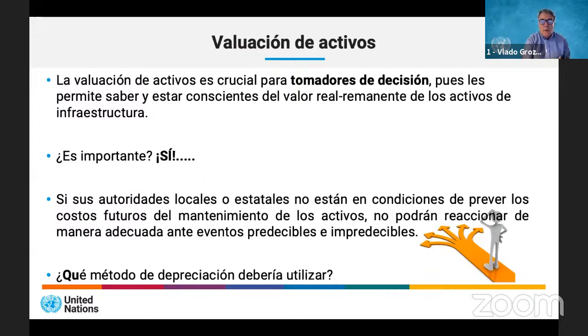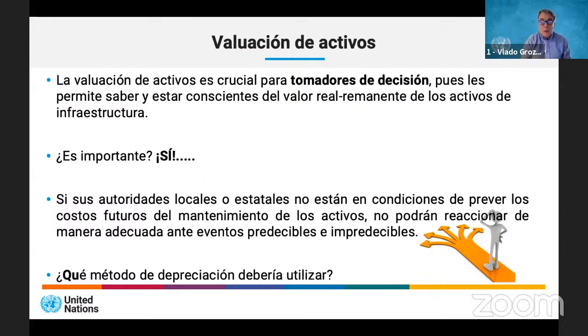historical cost uses the original procurement cost, but replacement asset cost is quite different. For example, the historical cost of a bridge constructed 50 years ago was, let's say, 500,000.